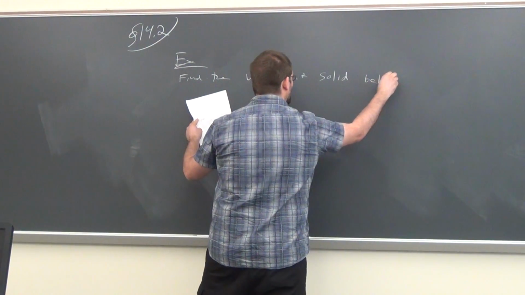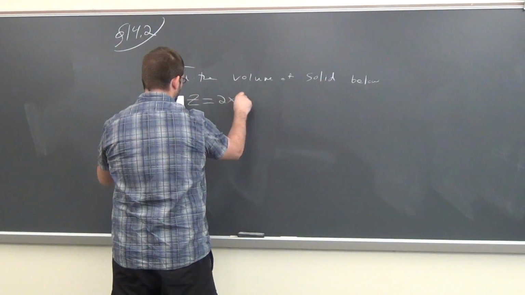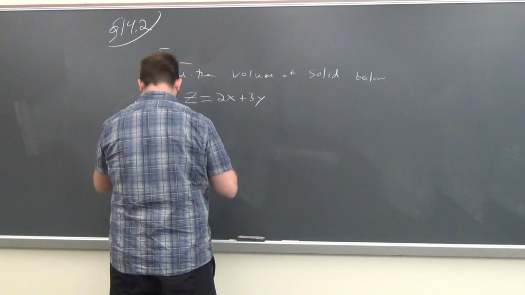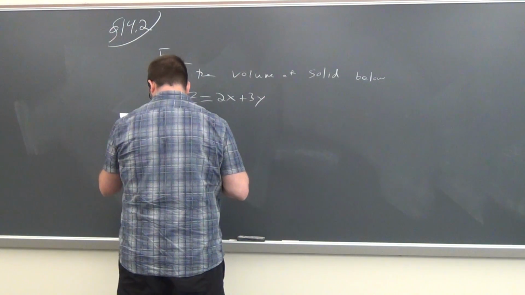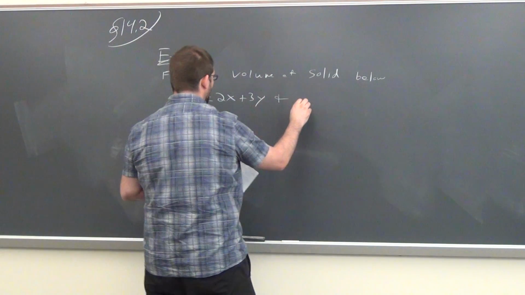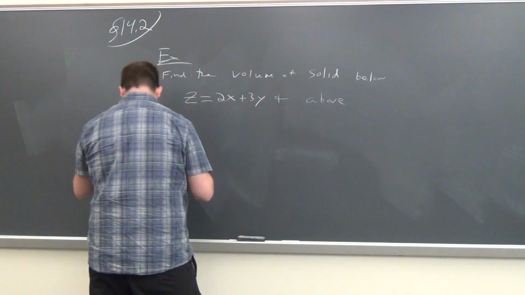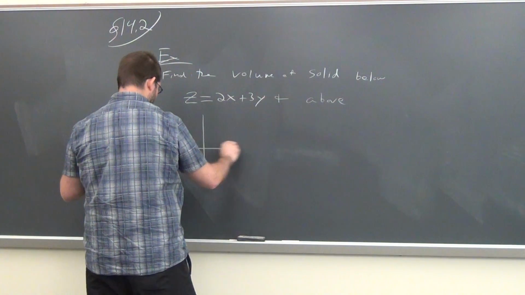below z equals 2x plus 3y and above this region. I'm just going to draw the region here.